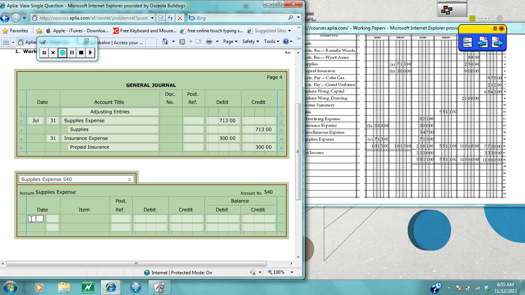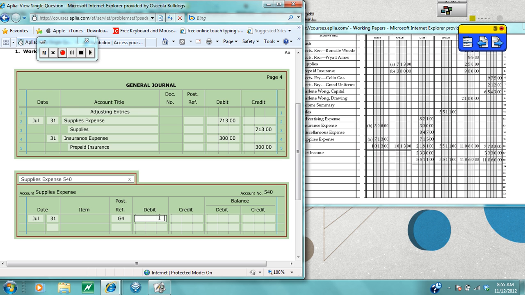Okay. What month is it? Well, it's July. It's the 31st. Okay. There we go. We're posting from General Journal 4. G4. How much? $713.